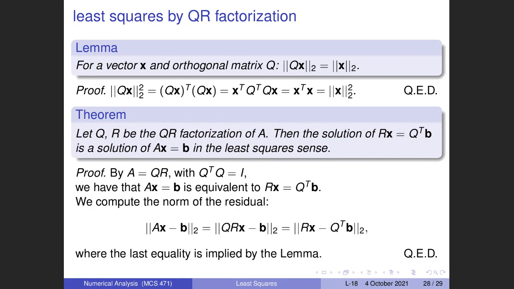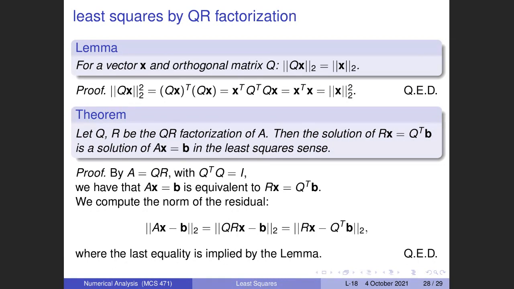So we are going to transform matrices, and orthogonal matrices are length preserving. So this is what this lemma says. And this lemma is used here in the proof, but we will use this lemma in orthogonal transformations to compute a QR transformation.